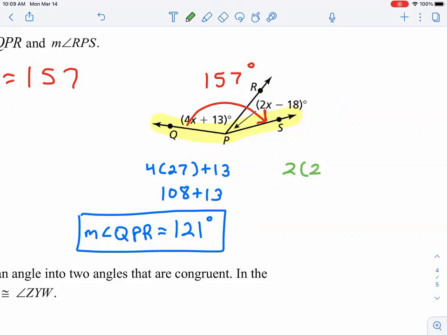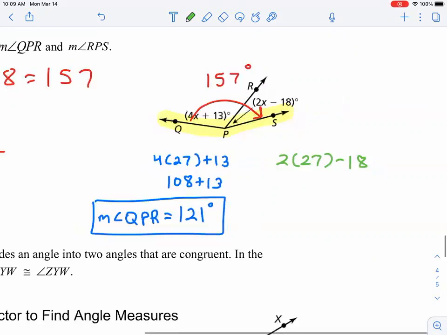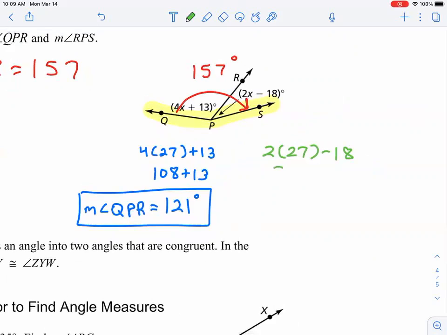So 2 times 27 is 54 minus 18. Very good, which is 36. So the measure of angle RPS is equal to 36 degrees.